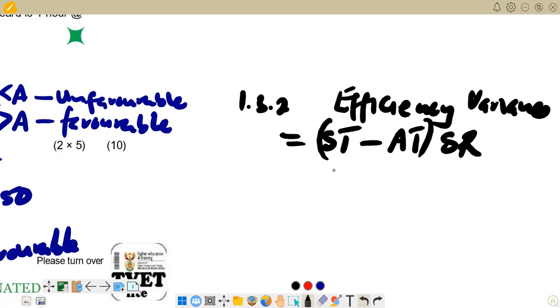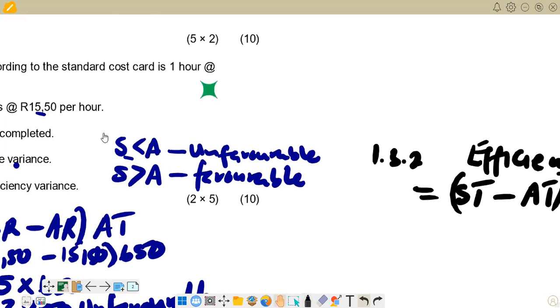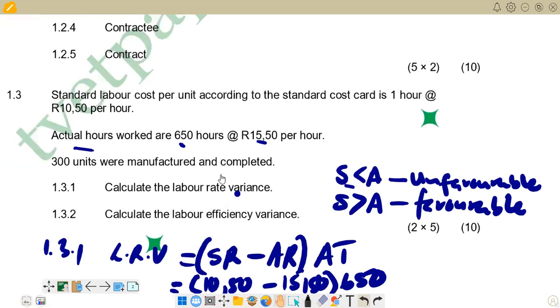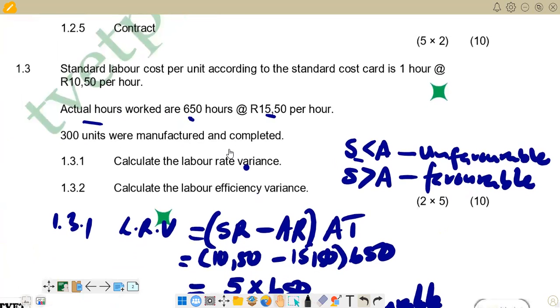Let's start by finding the standard time from the question. Our standard time is given in the first sentence: standard labor cost per unit according to the standard cost card is 1 hour.